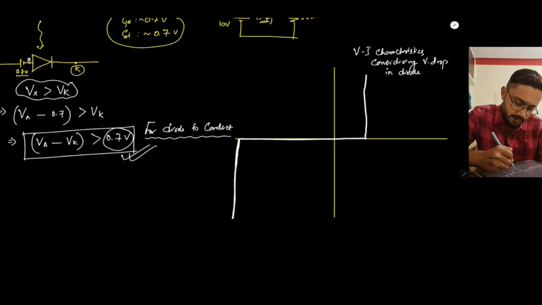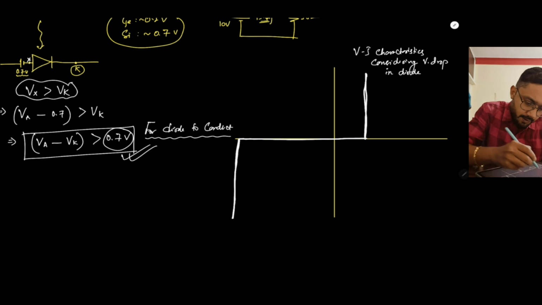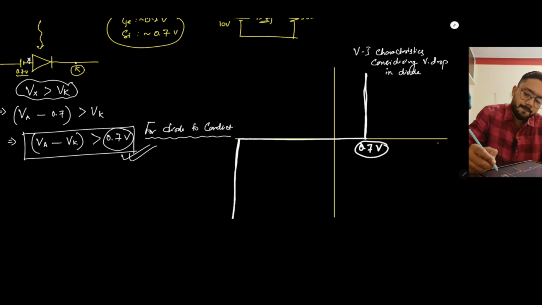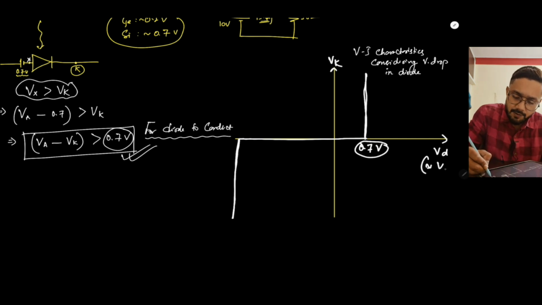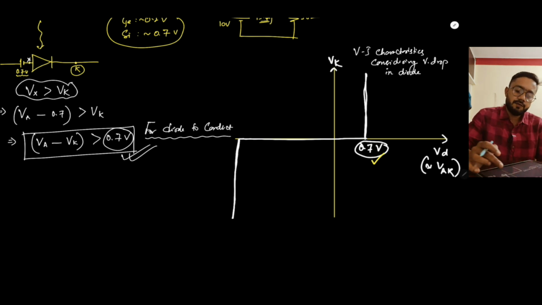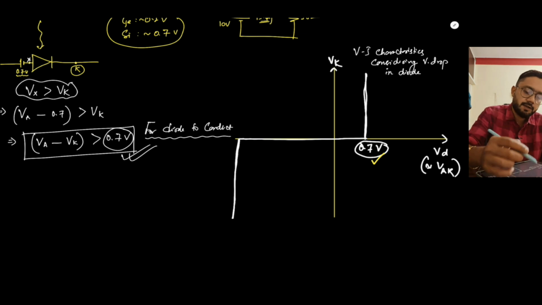This is a straight line here, this is also a straight line, and this will be at 0.7 volt. So when the voltage across the diode, that is VAK, is greater than 0.7 volt, only then will the diode conduct. So this is the VI characteristics considering voltage drop in the diode. Fine, this is the practical case.